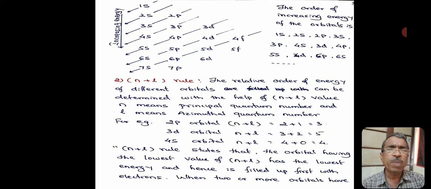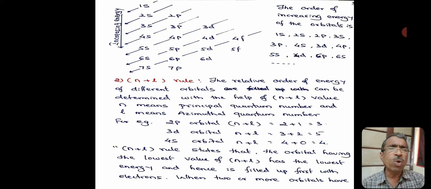For the 4s orbital, n is 4, l is 0, so 4 plus 0 is equal to 4. The n plus l rule states that the orbital having the lowest value of n plus l has the lowest energy and hence is filled up first with electrons.